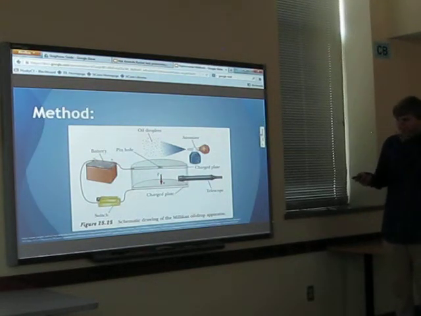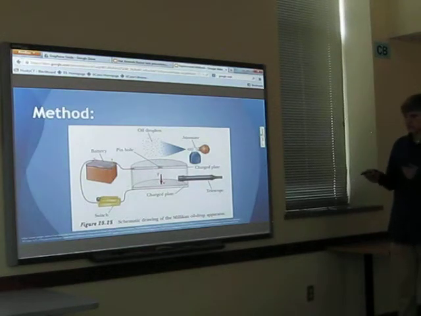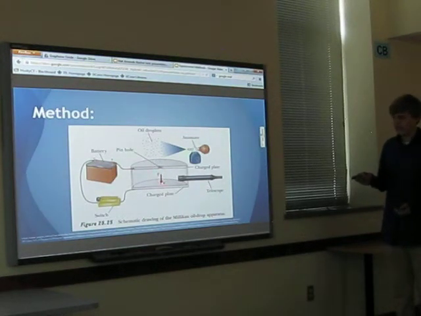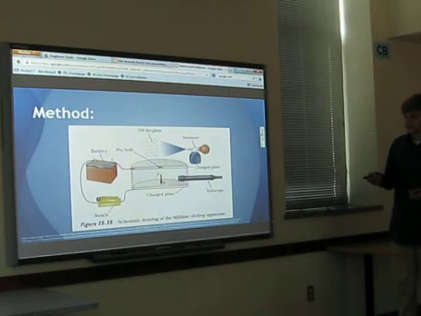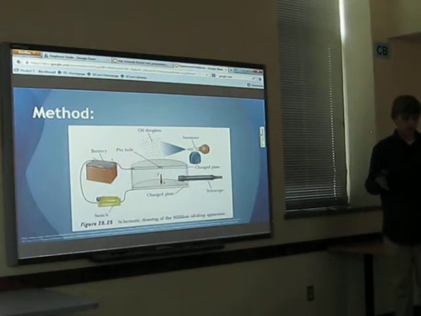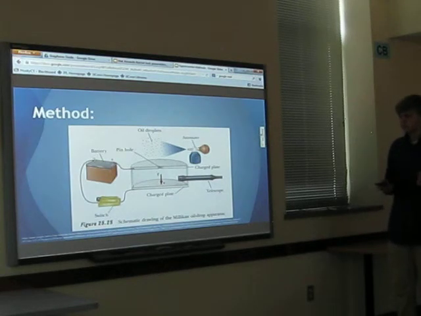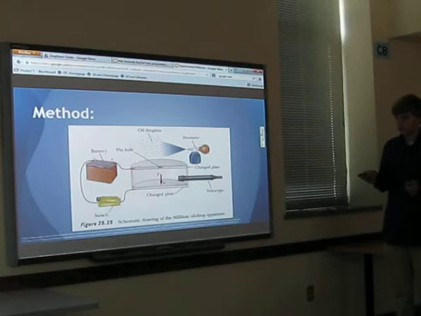After they do that, they allow the oil drop to fall to find its terminal velocity due to gravity. Then they use Stokes' theorem and the volume equation to find its mass and its weight. And then they can set its weight equal to the electric force on the drop. After they've done that, they can divide by the electric field caused by the plates, and they can find the charge of the drop.